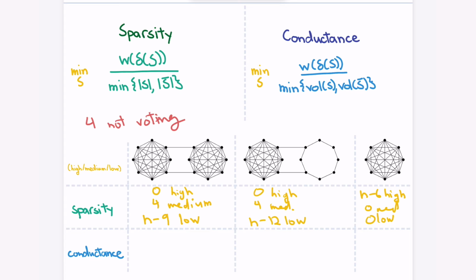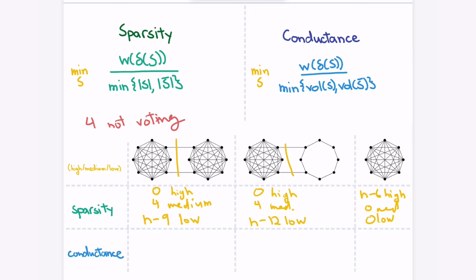What would be a very sparse cut? Just right down the middle, because you have half the vertices on each side. What about the second graph? What would be a very sparse cut? The same thing. And what would be the sparsity? It would be the same. So what happened to those of you who changed your mind?